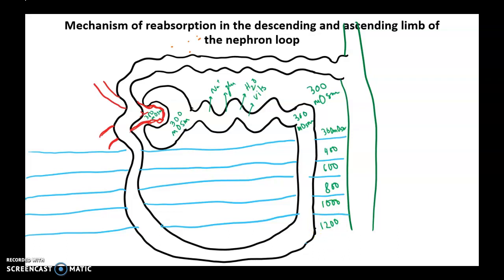So what do we see? We are looking into the interstitial space in the medulla, right? So this is the interstitial space in the medulla where I have written these numbers. And we see that as we go down deeper into the medulla, the solute concentration gets higher and higher until it reaches 1200 milliosmoles. And if you remember from my lecture on day 1 and day 2 of class, when we talked about tonicity, I mentioned one thing: solutes suck.